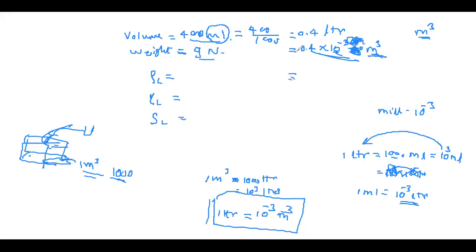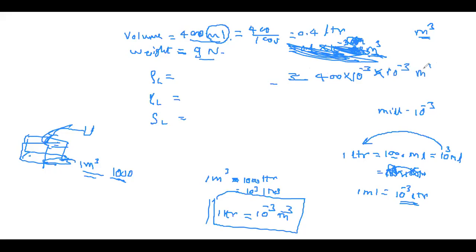So now I will rub this part for your understanding purpose. I will write here 400. Now instead of ml, I am converting it in liter. So I have to multiply it by 10 to the power minus 3. Okay, into again, now liter I want to convert that in meter cube. So once again I have to multiply it by 10 to the power minus 3.